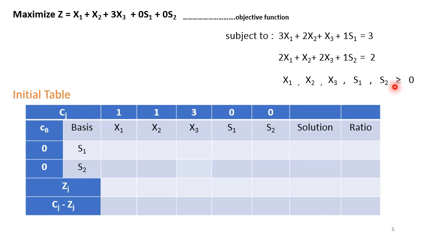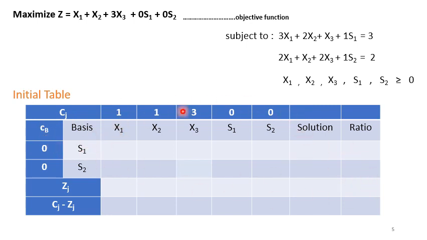Now we have to construct a simplex table, an initial table, and represent all these values in this table. The standard format of the simplex table is shown here on the screen. This is called the simplex table.